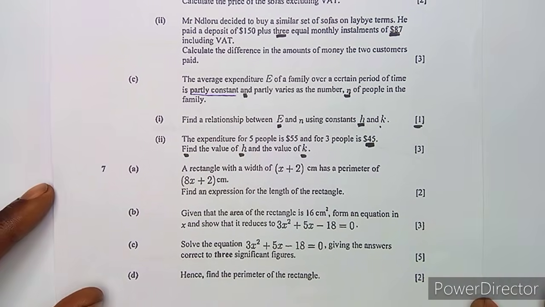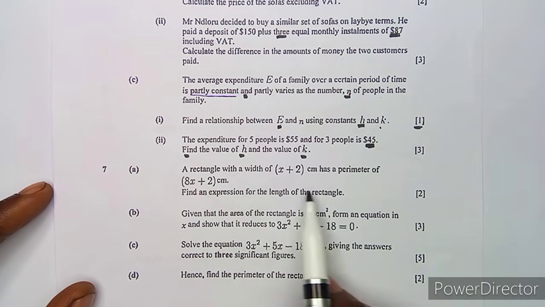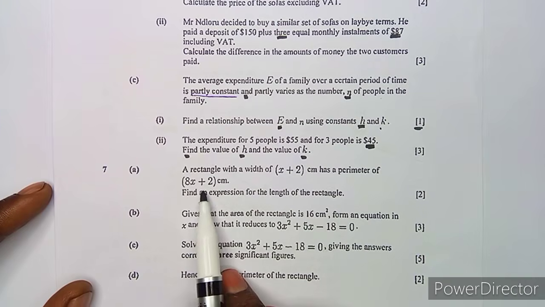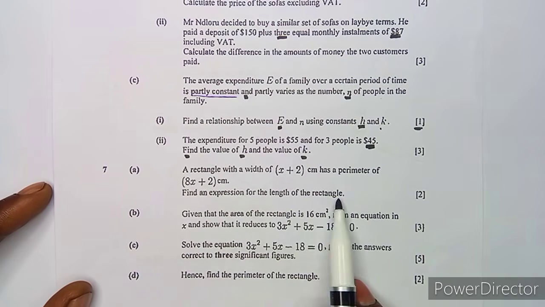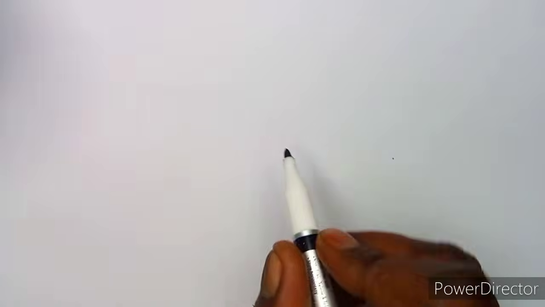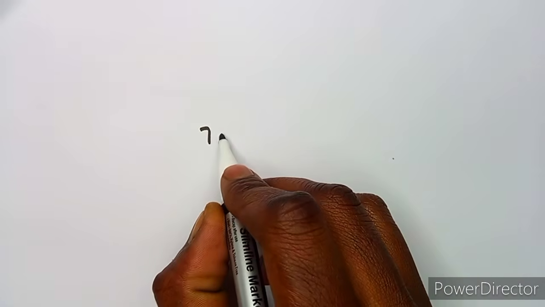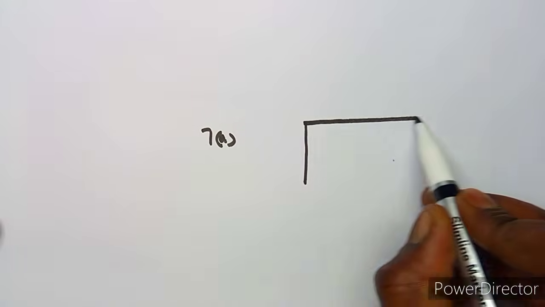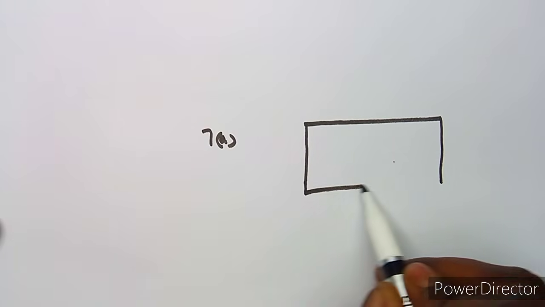Okay, on number 7a, we are given that there is a rectangle with a width and a perimeter, and we must find an expression for the length. This is a rectangle that we are given, guys, just a sketch. If I am working with a rectangle, I'm referring to the length and the width.